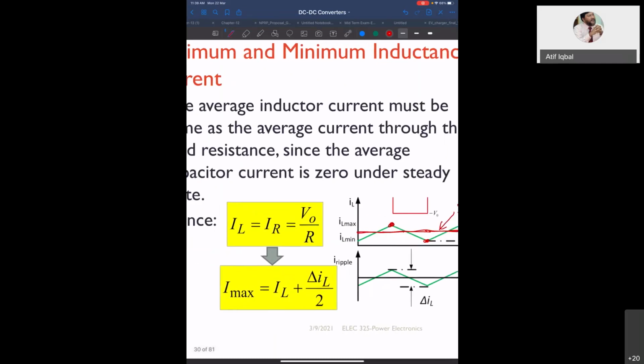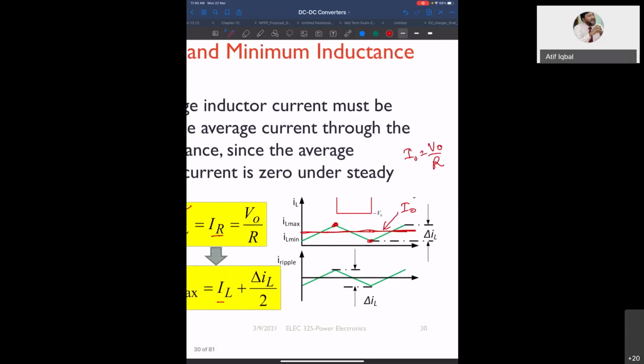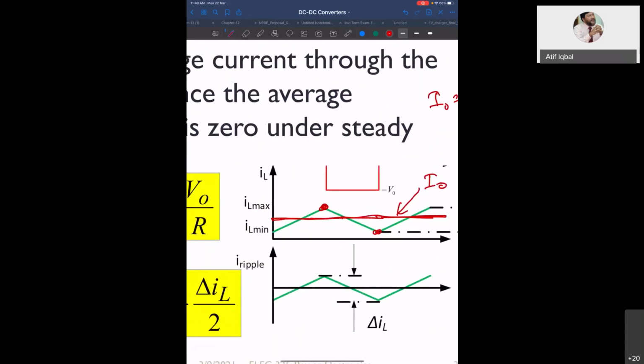So the inductor current average value is the same as the resistor current and it is equal to V naught by R. So the maximum current is equal to the average plus half of the ripple. This is your I naught and this is your delta IL.